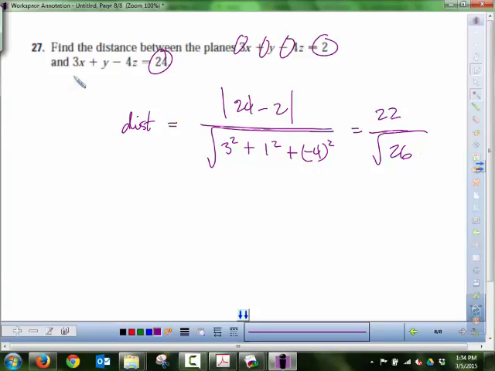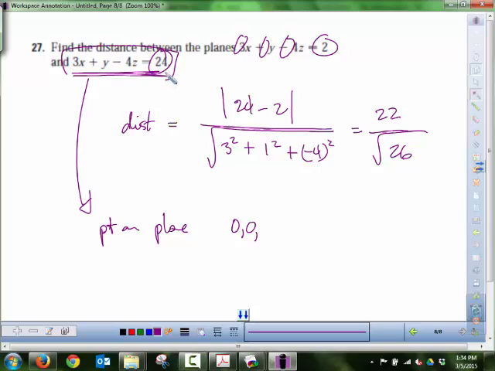If you were to pick any point on this plane, why don't you guys give me a point on this plane? 0, 0. What's a point on this plane right here? 0, 0, 6? Negative 6? 0, 0, negative 6? Right? So that's a random point that we just chose.